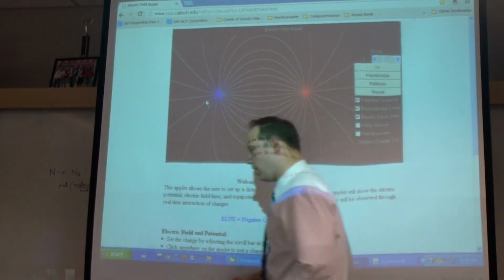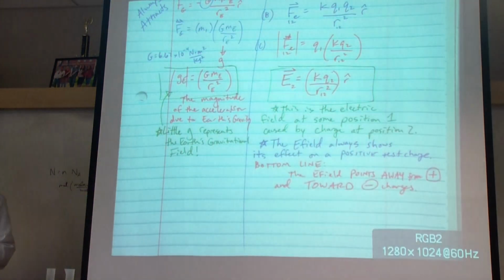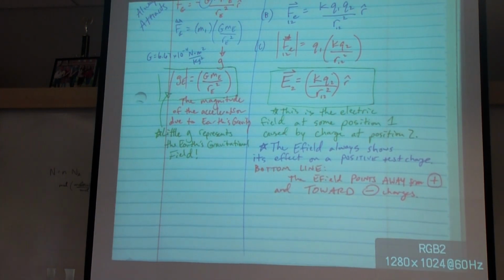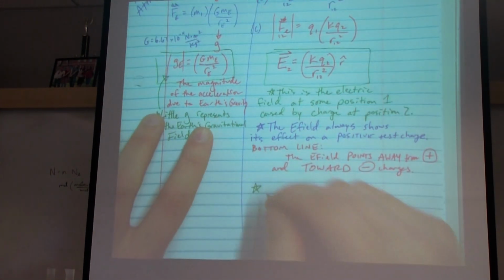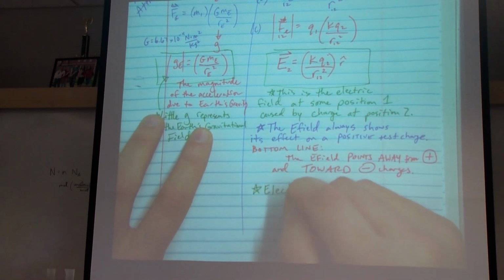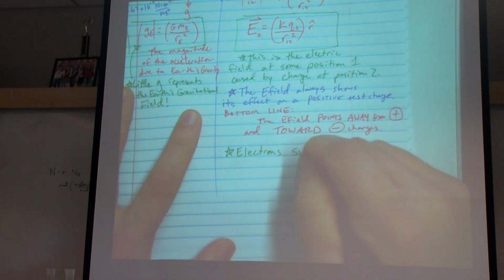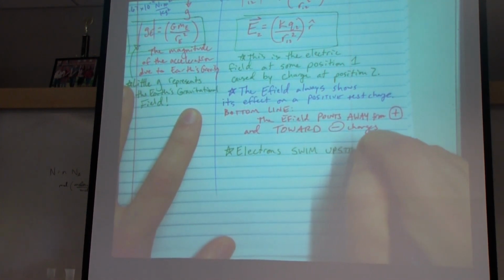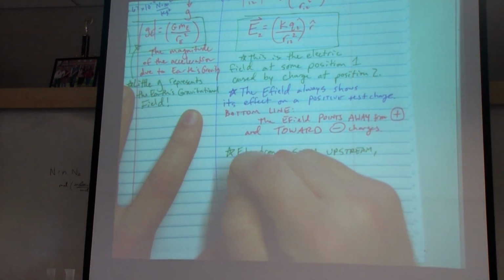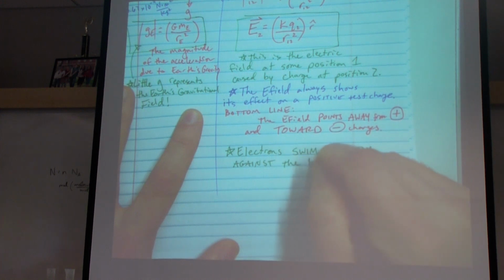Okay. So that's the general rule about the way that electric fields are drawn. All right, so right down here, one more thing to include as an important note: electrons, or any negative charge, swim upstream against the E field.